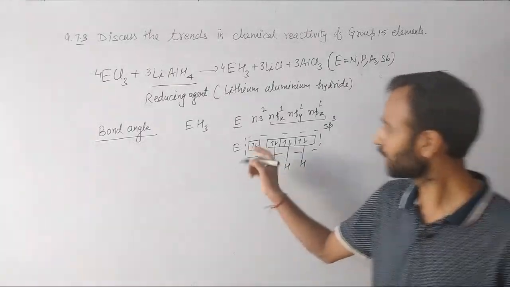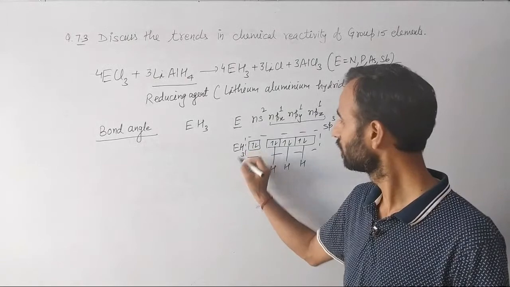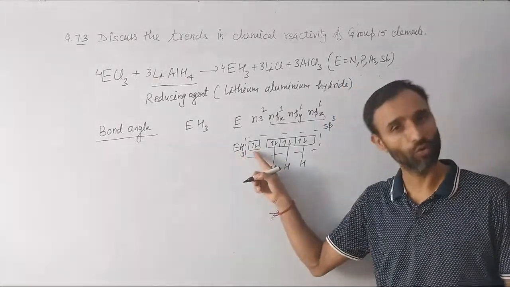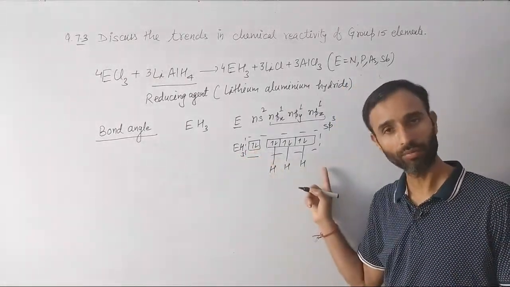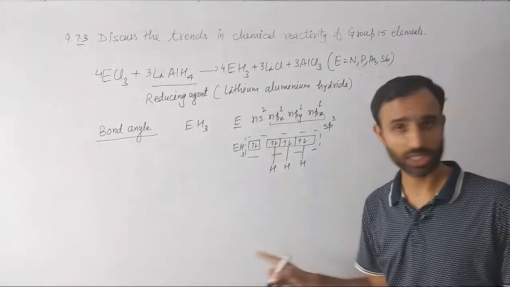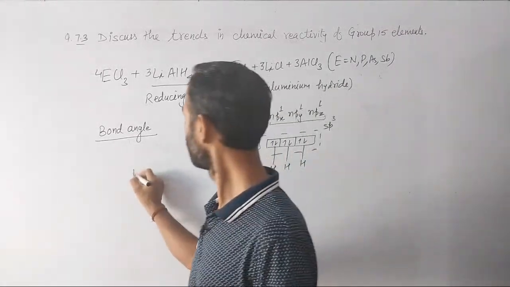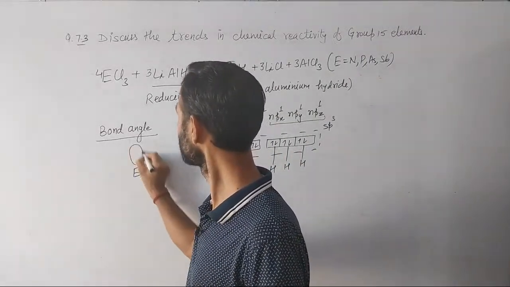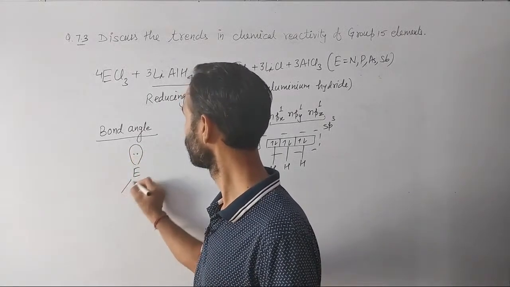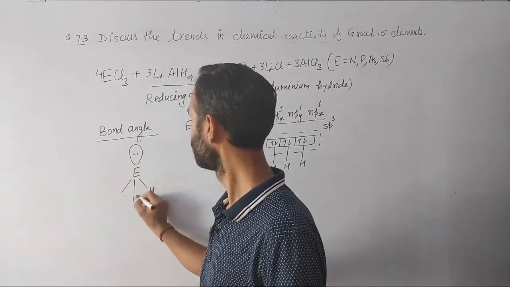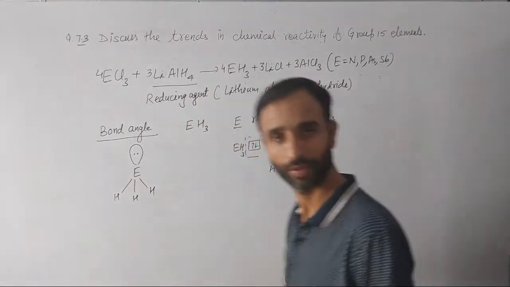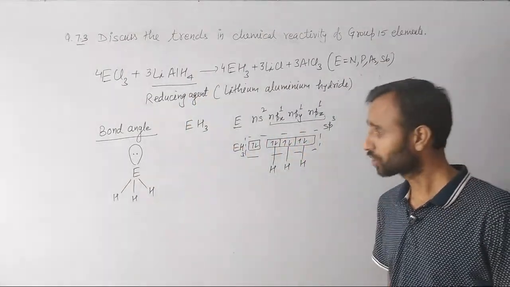So EH3, in EH3 this element has 1 lone pair and 3 bond pairs. So arrangement is tetrahedral, and one of the position of tetrahedron is occupied by lone pair.